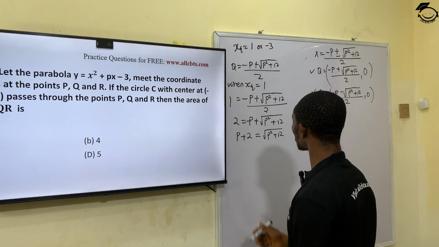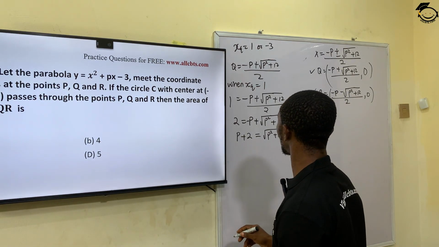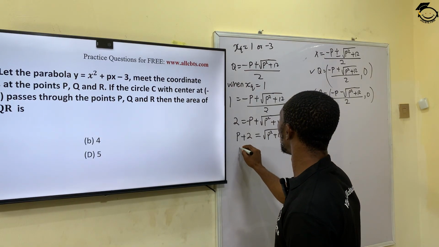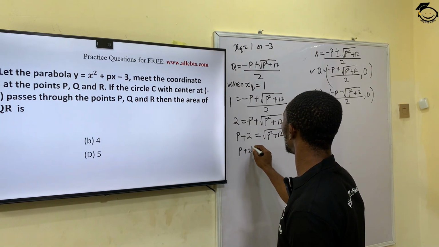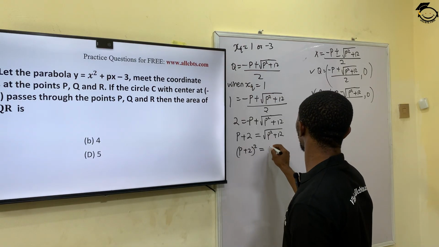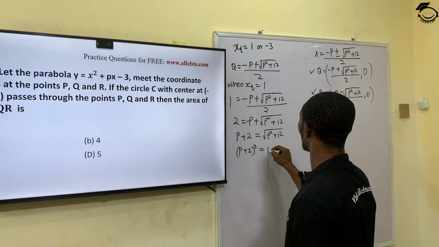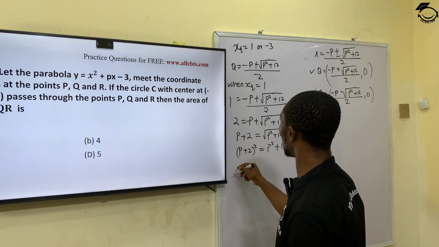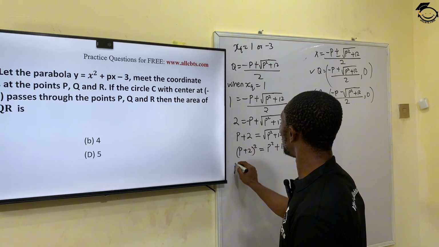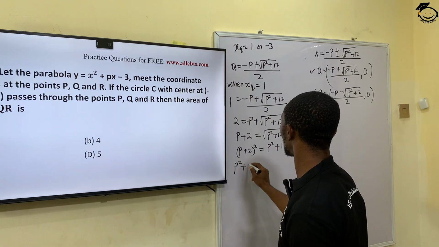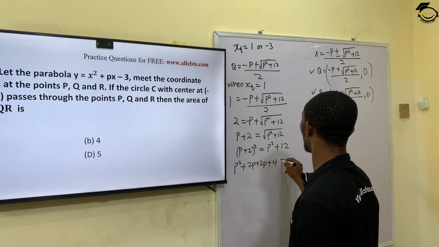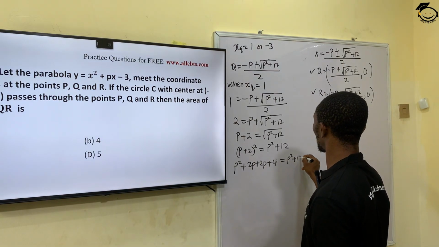Now taking the square of both sides, this becomes p plus 2 all squared equals p squared plus 12. Now expanding this, we have p squared plus 2p plus 2p plus 4 equals p squared plus 12.